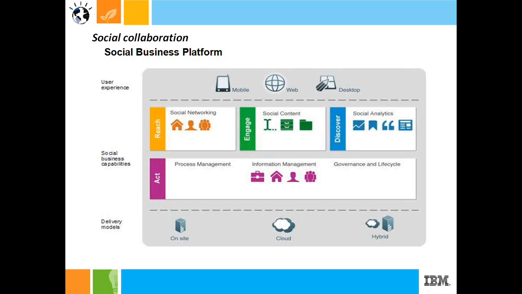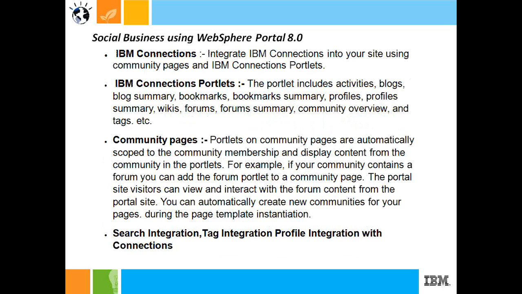So now let's talk about what Portal 8 brings to the table for socialization and collaboration features. IBM Connections: you just have to integrate it as part of your community pages, and there are IBM Connections portlets available. There are dozens of these portlets, like activities, log, summary, and so forth.